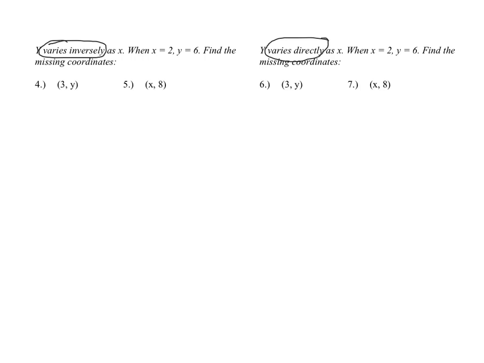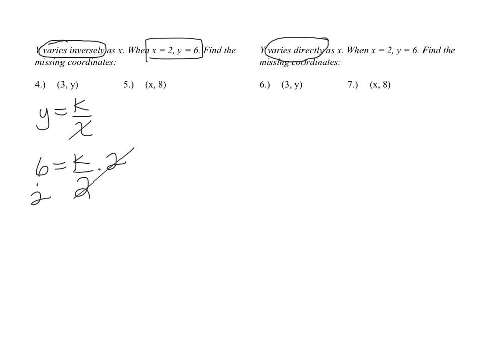So let's take inverse variation equation again, which is y equals k over x, right? Right now, we can't start with 3y because we don't know what k is. We have to find k. So if you look at this, we have to put the 2 in for x and the 6 in for y. So I'm going to say 6 equals k over 2. To get k alone, I've got to multiply by 2.